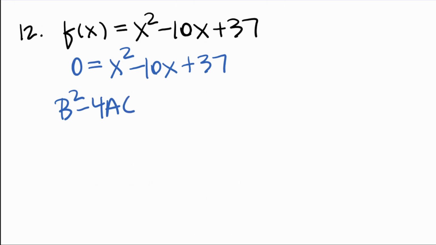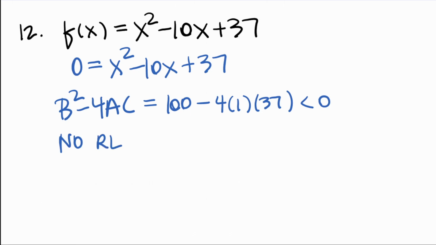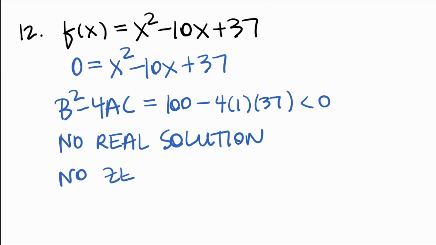So this is b squared minus 4ac equals 100 minus 4 times 1 times 37, which is pretty clearly a negative number. And so I'll say it has no real solution. And as a result, there are no zeros. Okay, just for your forgiveness on that, that was kind of a waste of your time.